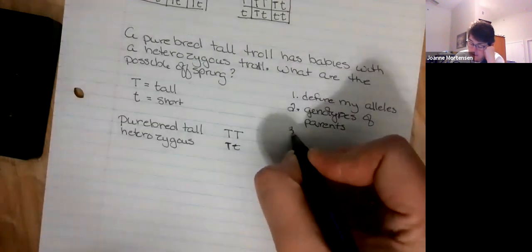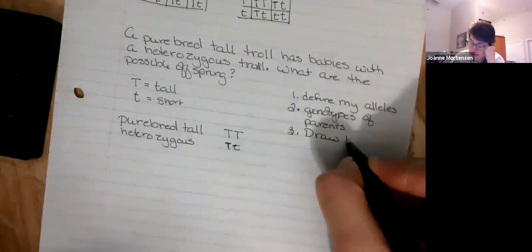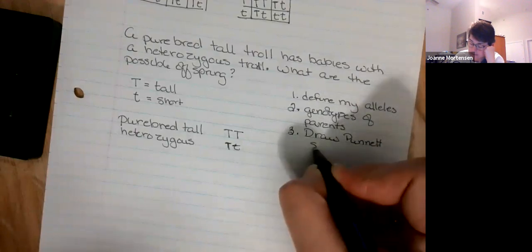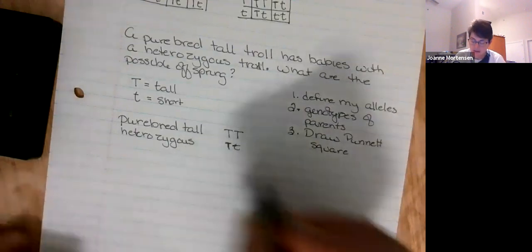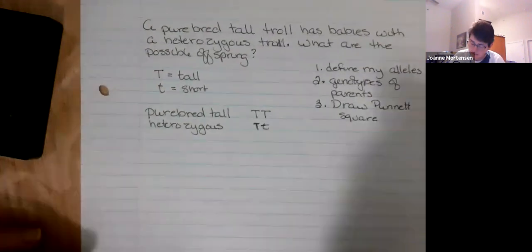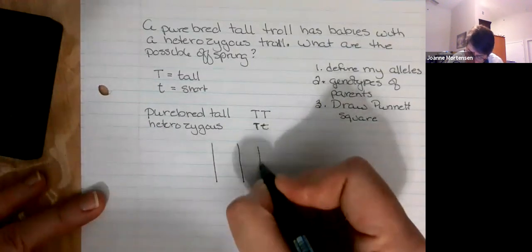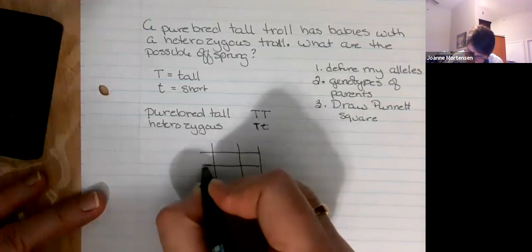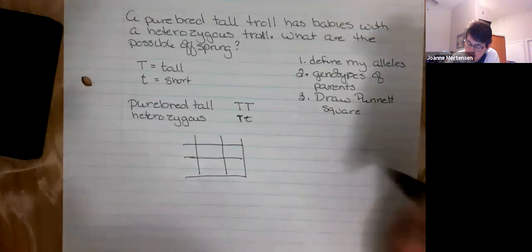Now I think step 3 would be draw the Punnett square. Oh, I'm sorry, I keep moving stuff. All right, now this is the part where people get messed up.